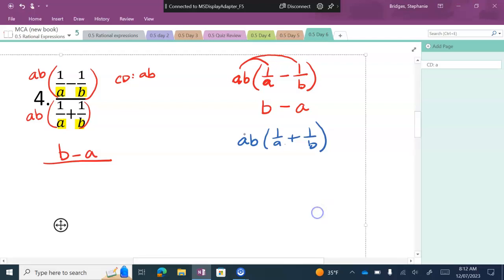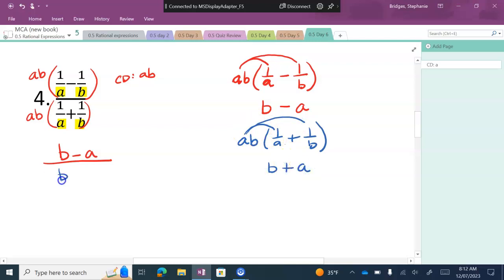What's the result there? AB times 1 over A is just B, and AB times 1 over B is A. So at the bottom, I end up with B plus A. Can those factor at all? Can I simplify those? That's all we can do there.